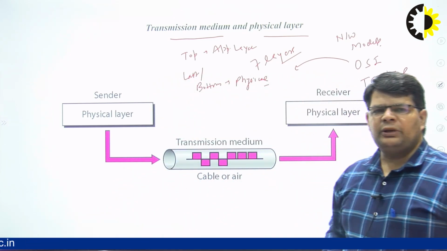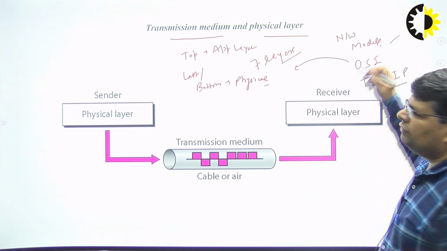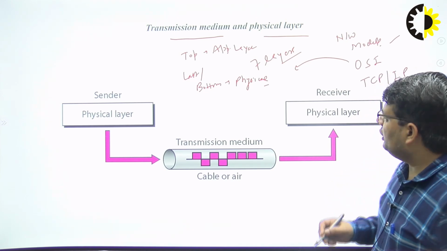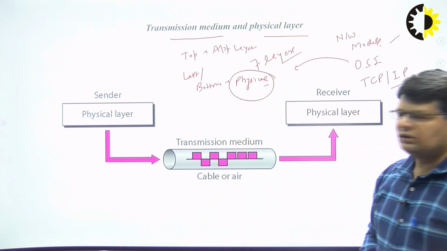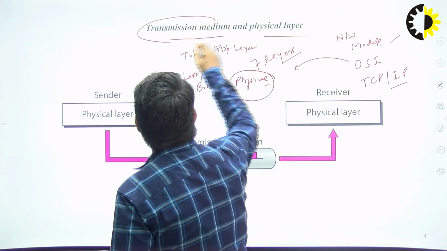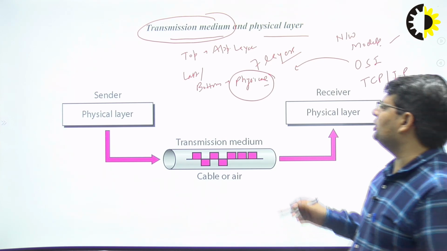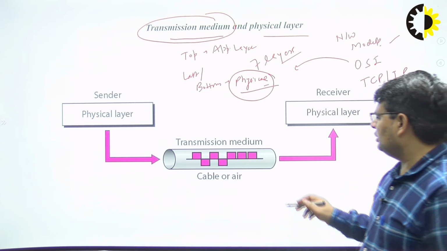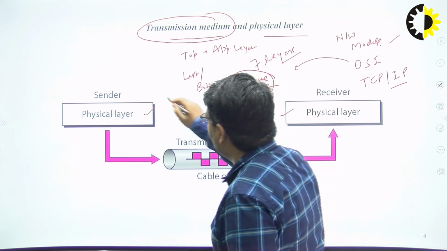So when explaining data communication using the network models, we use layered architecture, and in it we have a physical layer. This transmission media, which is used for conveying information from the transmitter side to the receiver side, or from one place to another, is represented at the physical layer level.